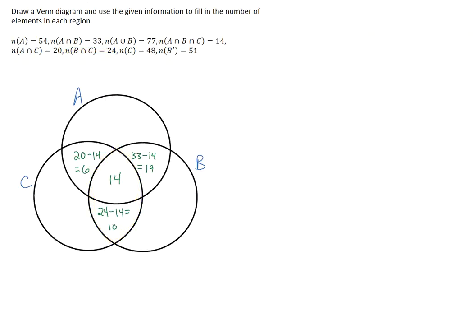So moving along, what we still need to figure out are these regions here that aren't a part of intersections. So basically this little area here, which now looks like a sunrise because I highlighted it in yellow, is everything that's in A that's not also in another set.